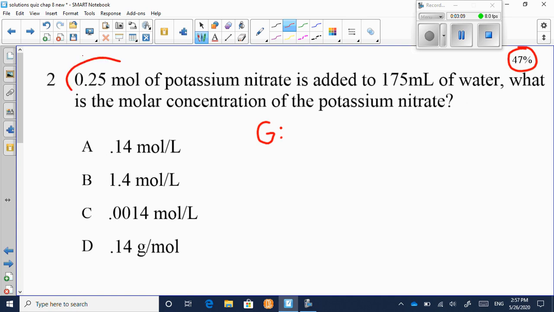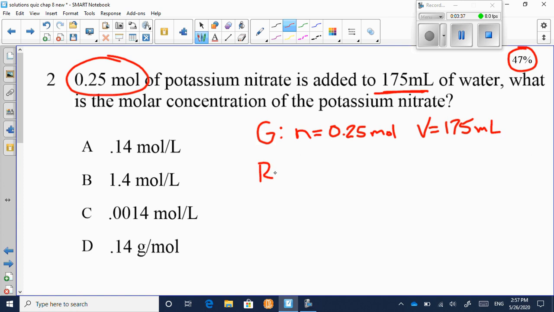Well, clearly I've been given 0.25 moles. Moles is always little n, so little n is 0.25 mole. I've also been given 175 milliliters, which is a volume. And it says, what is the molar concentration?